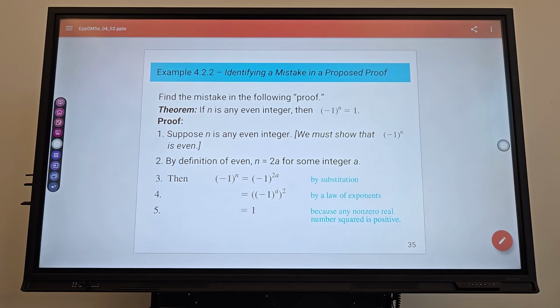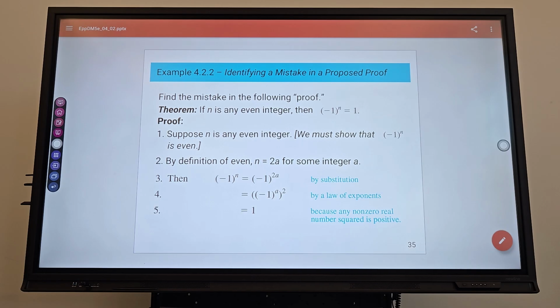Identifying a mistake in a proposed proof. Find the mistake in the following proof. If n is any even integer, then minus 1 to the n is equal to 1.